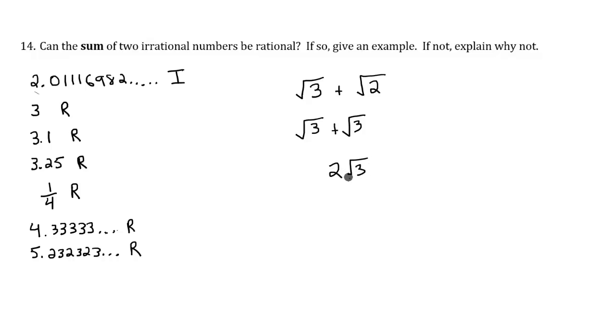But again, whenever we multiply 2 times this number right here, the square root of 3 in the calculator will give us a number with a decimal that just keeps going on forever. So it's going to still be irrational no matter what we do. So number 14 will be no, and a couple of these examples are given right here.